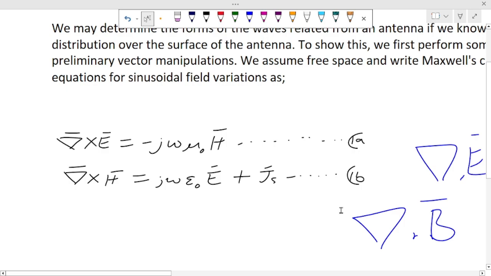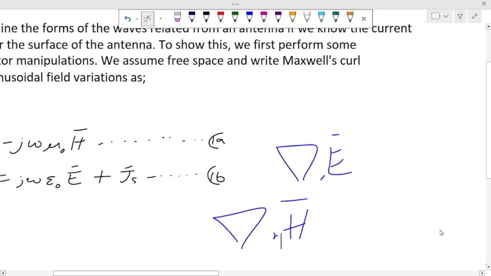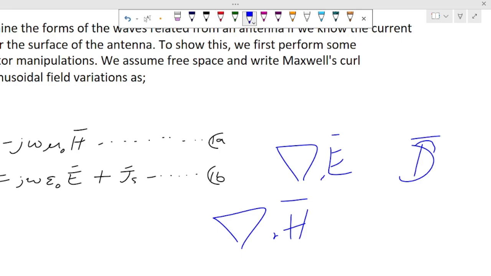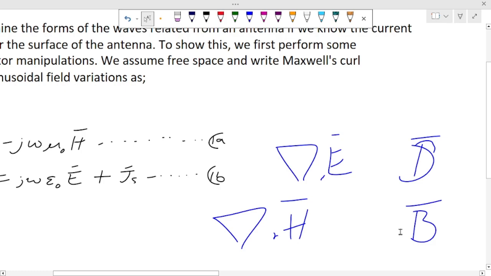You can also use the electric field intensity and magnetic field intensity. I said this in that video, so I'll just post that video also.